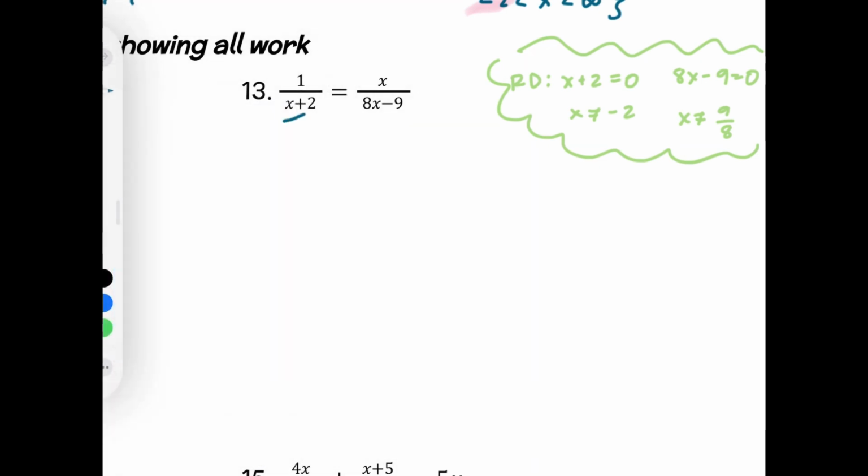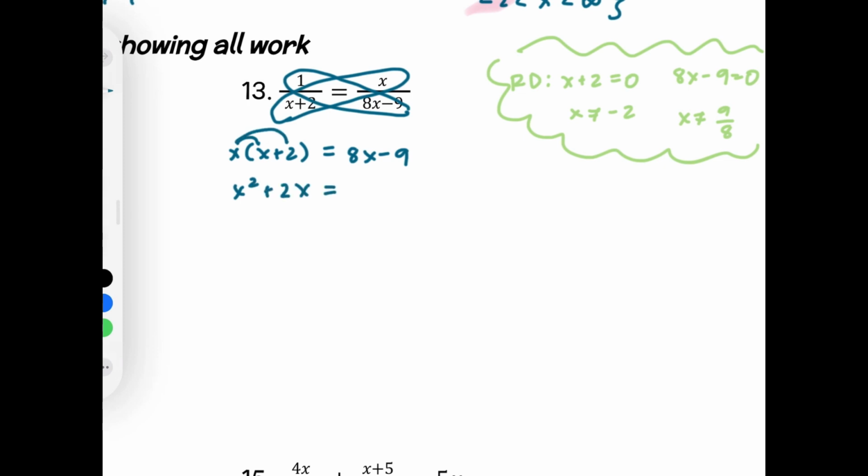So we're going to cross multiply. I'm going to do x times x plus 2 equals 1 times 8x minus 9, which would just be 8x minus 9. We have to multiply the left side, so distribute that x in. We'd have x squared plus 2x equals 8x minus 9.